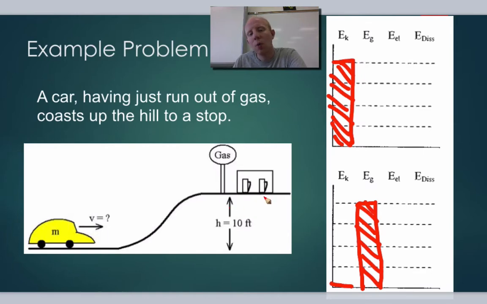What if we did say there was friction? What if we could lose some energy to dissipated? Well, all that means is some of this energy would get chopped off, some of it would go to gravitational, and the rest of it would go to dissipated. Now the key here is as long as the same number of bars is filled up here and down here, initial and final, then energy was conserved properly.